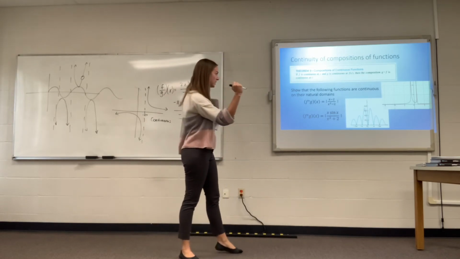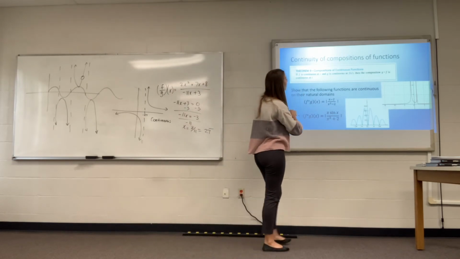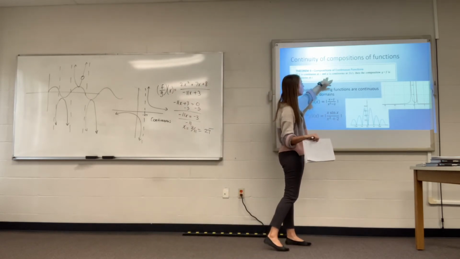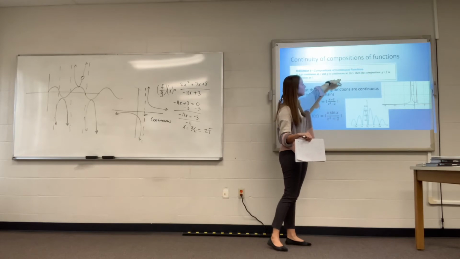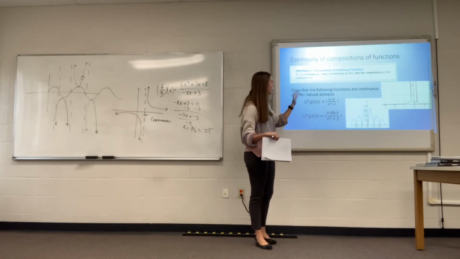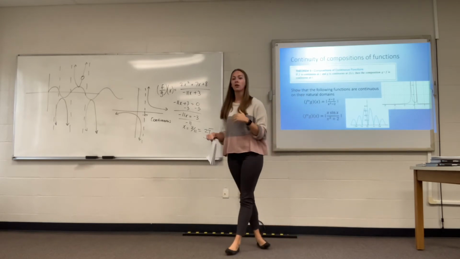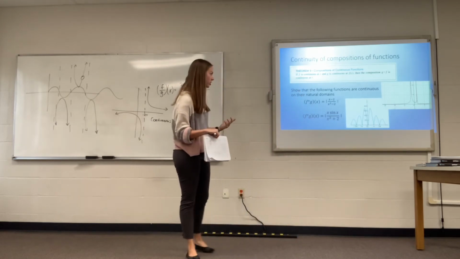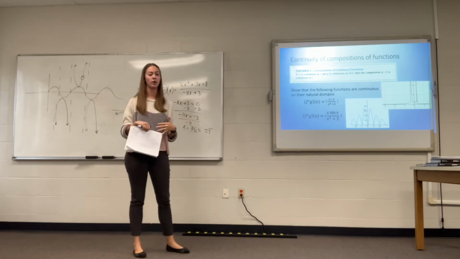and then on your second function, on your g, if it's continuous at whatever that f of c value is, then you know that your f of g or g of f function is also going to be continuous, okay?